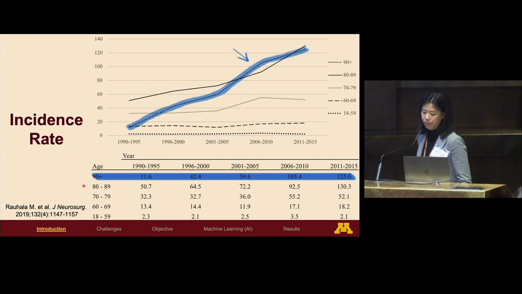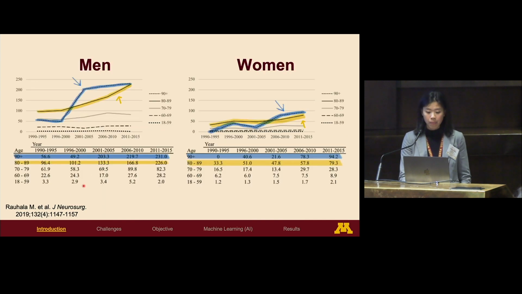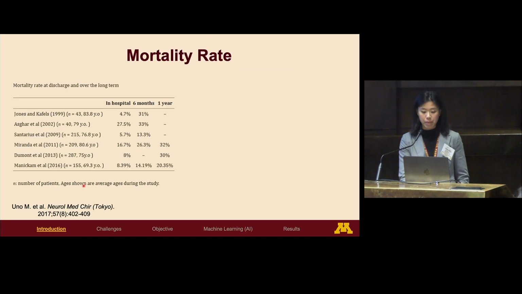During the same time frame, the annual incidence increased over 10-fold in patients older than 90 years old, as highlighted in blue. Similarly, when broken down by sex, both men and women older than 80 years old had an increased incidence over the time period. However, men had a much higher increase in incidence than women.